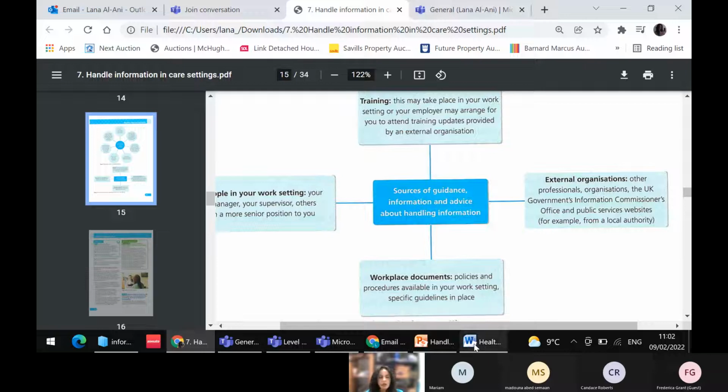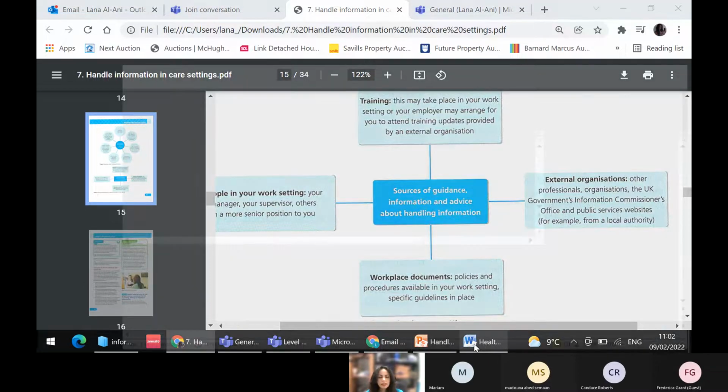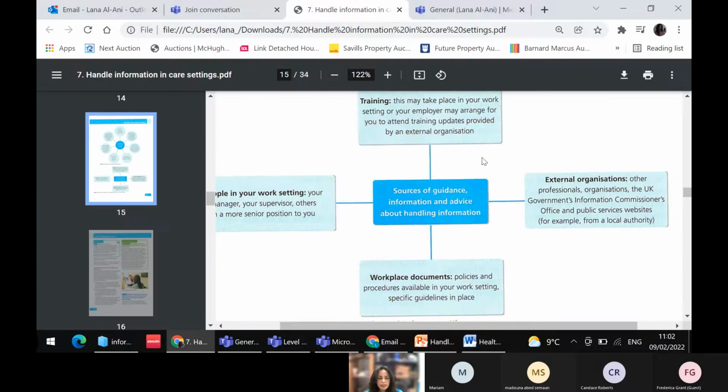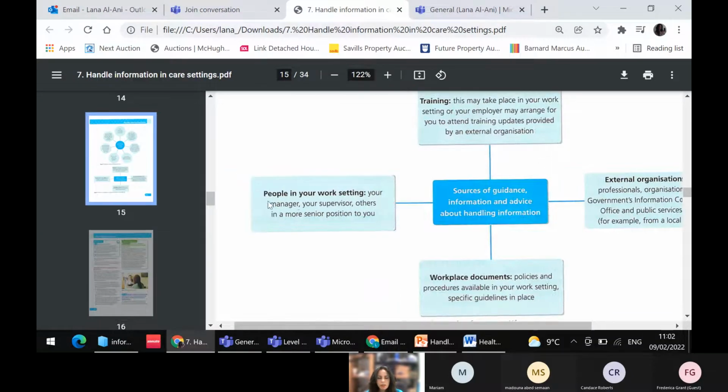So now if I'm answering this question, which is describe how to access guidance, information and advice about handling the information, to answer, I would say I can access the guidance from the people in work setting, from my manager, from my supervisor, also from people in a more senior position than I am.